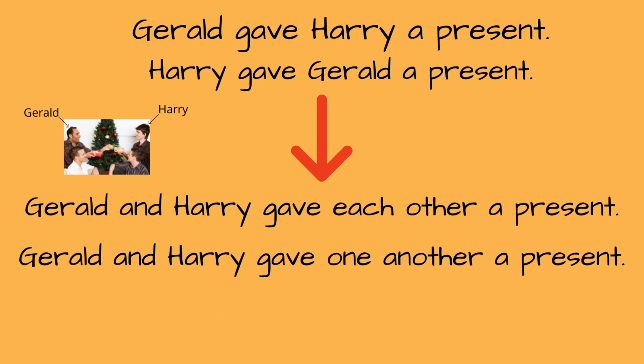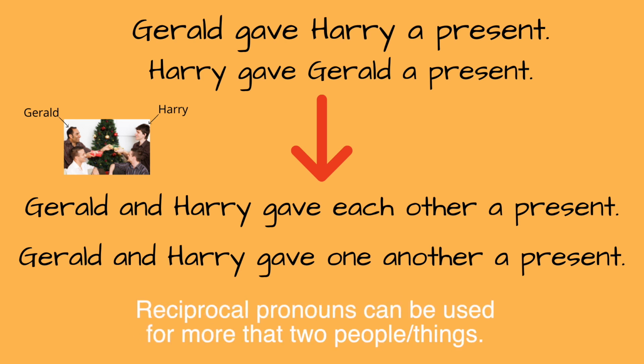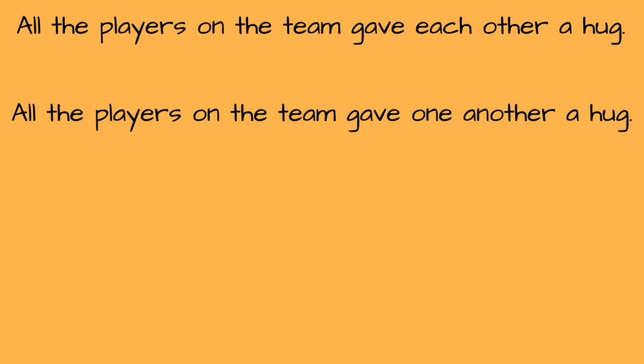Our two reciprocal pronouns can be used for more than two people as well, as long as everyone in the group is doing the same thing for every other person, animal, or thing in the group. Okay, and here are examples. All the players on the team gave each other a hug. All the players on the team gave one another a hug.